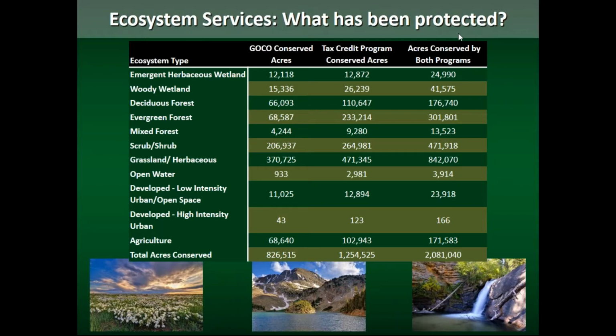The number of acres under the tax credit program is the next, and then the final column is the sum of the two numeric ones before it. So we're summing up to about 2 million acres, and you can see lots of the acreages in Colorado are done in grasslands. This is ranching, cattle ranching is a big industry here, and the grasslands cover a great proportion of the valley bottoms and the eastern plains.